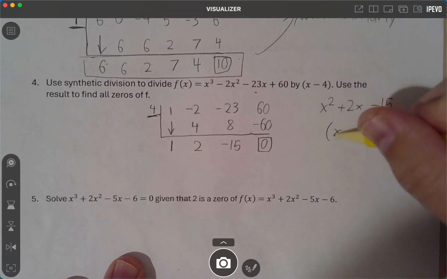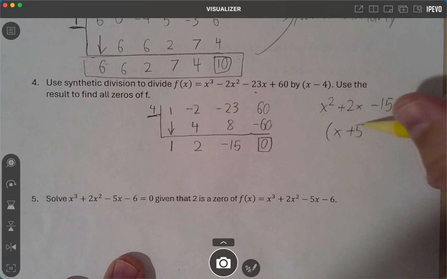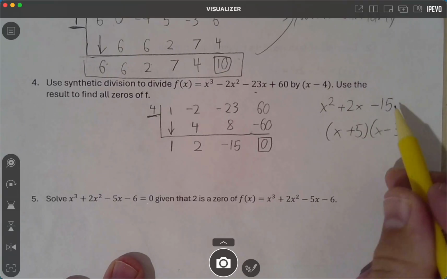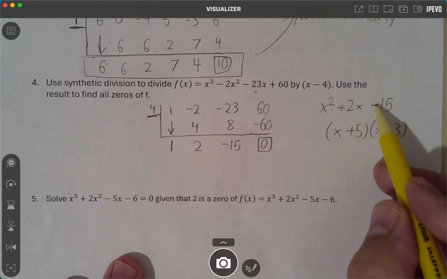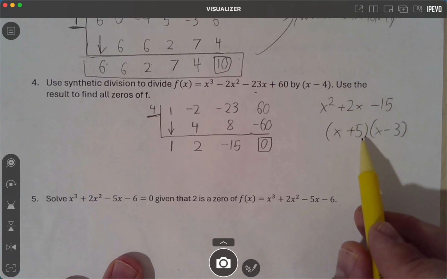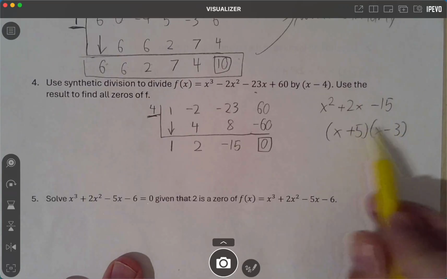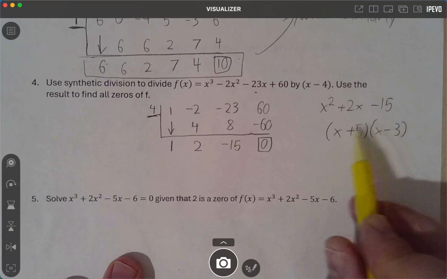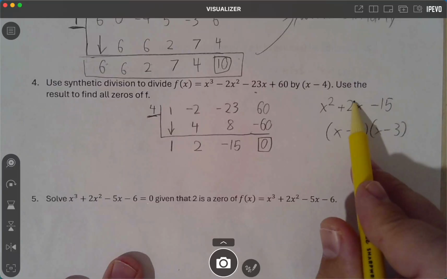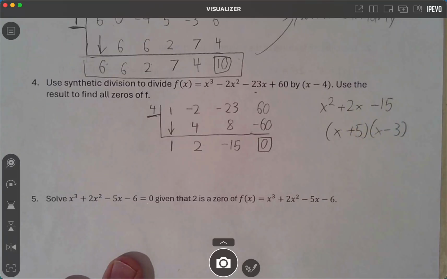There are. It's x plus 5, x minus 3. That's how you multiply to 15, but subtract to positive 2. You need a positive 5 and a negative 3 to subtract, or in other words, combine because they're both different, that's why it's subtraction, to positive 2, and that's how you multiply to negative 15.